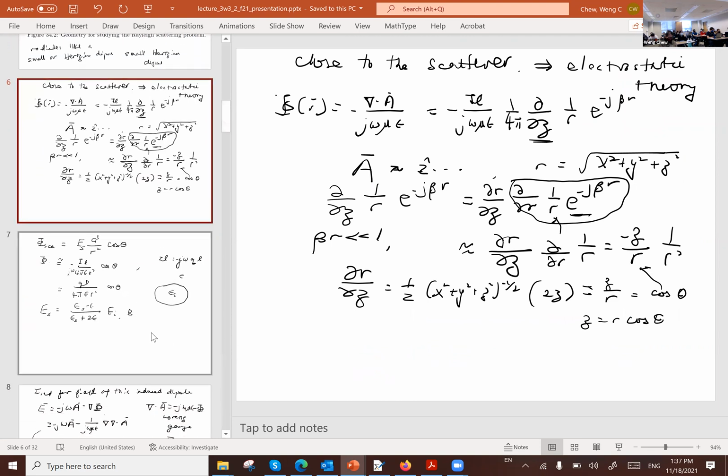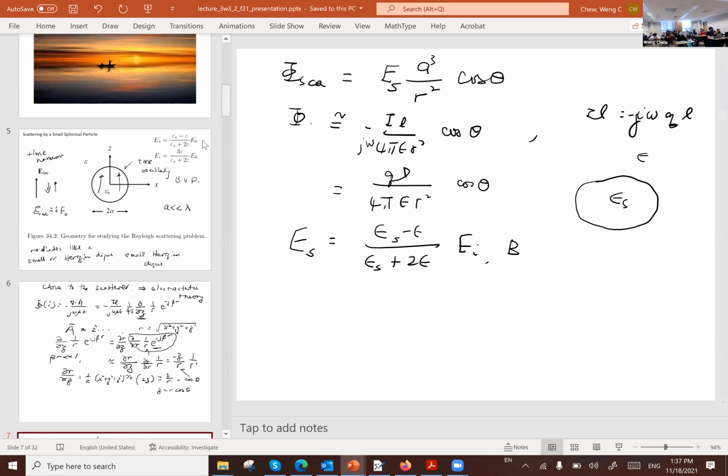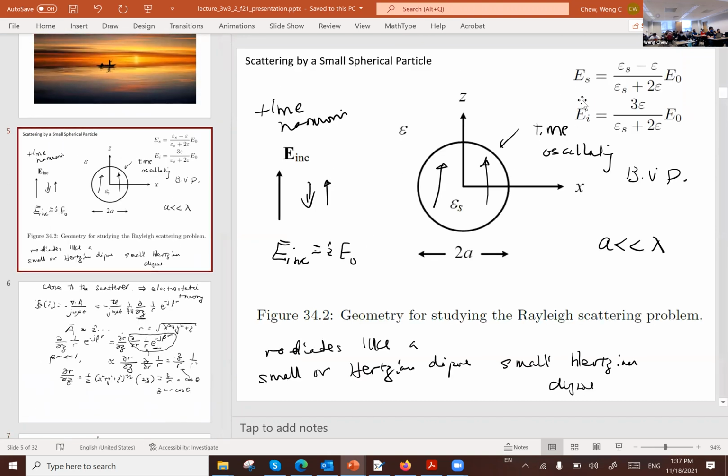I won't go through the details. Matching the solution of a dipole with what you have, you can find the scattering amplitude E sub S, which is essentially given by this expression over here.